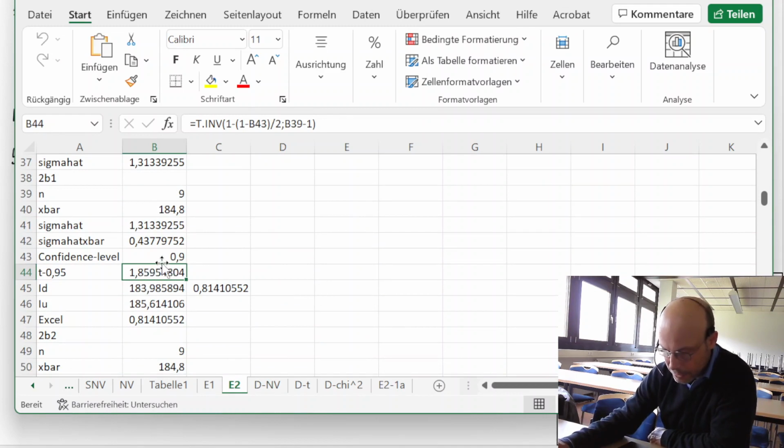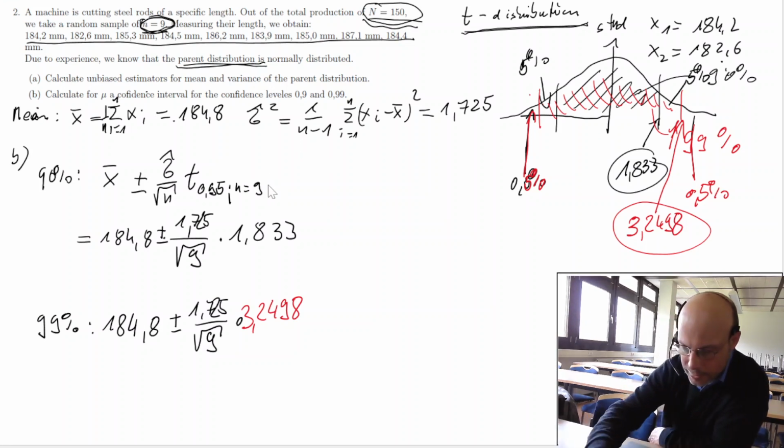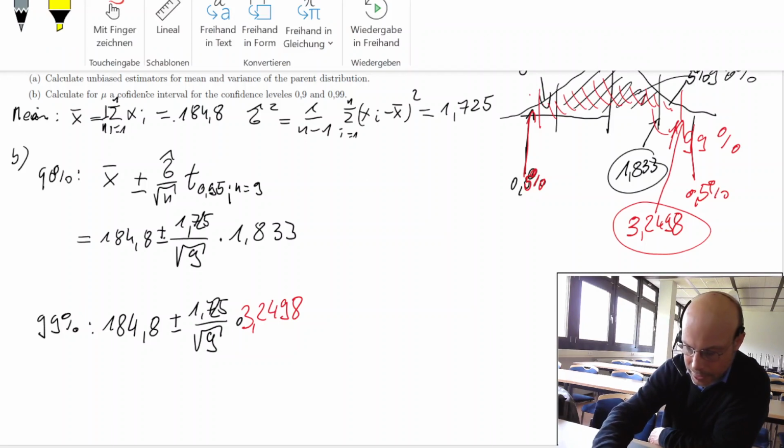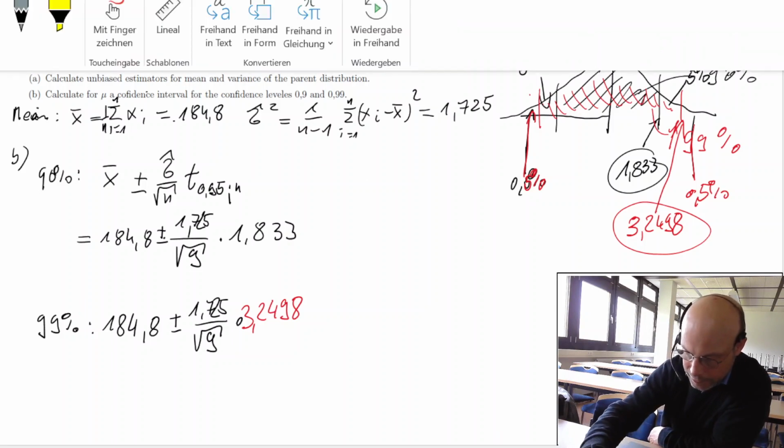Oh, sorry. Today not only the hardware is not working, also my mind is not working, because within the t-distribution we need not n, but n minus 1.